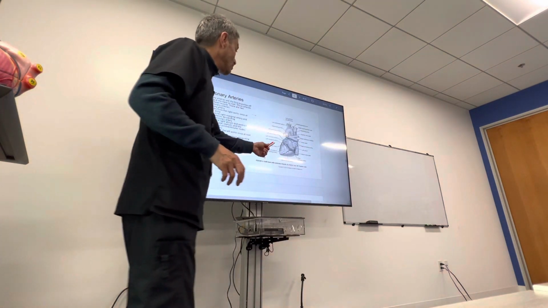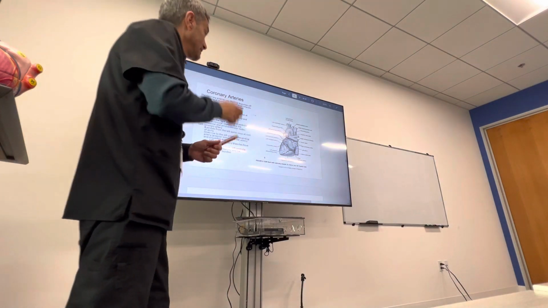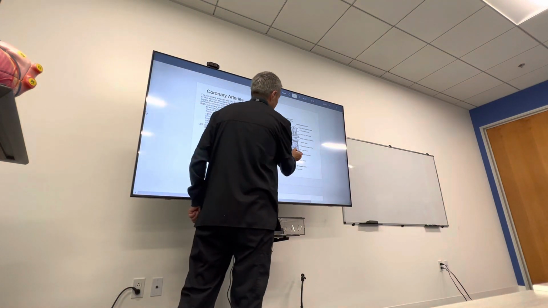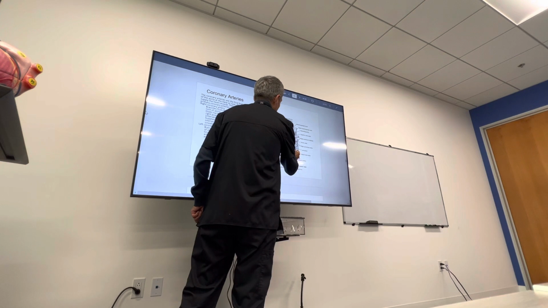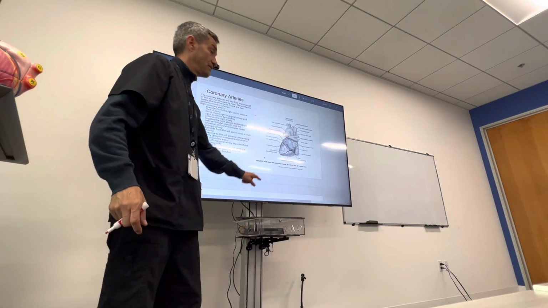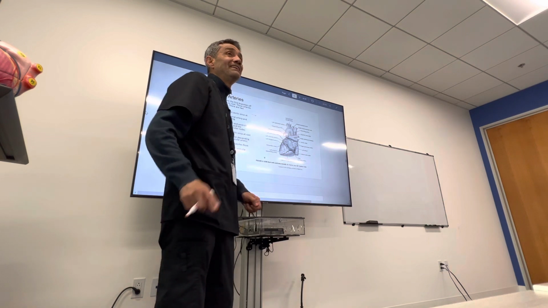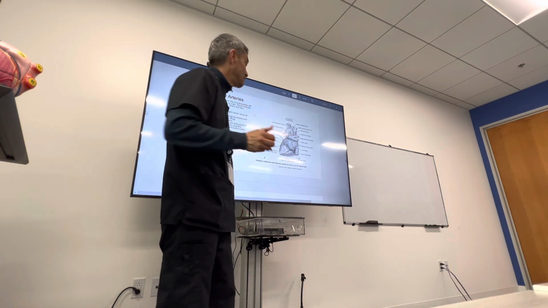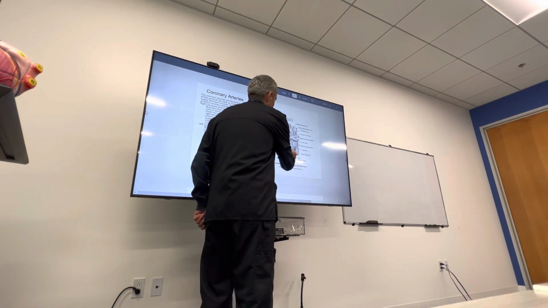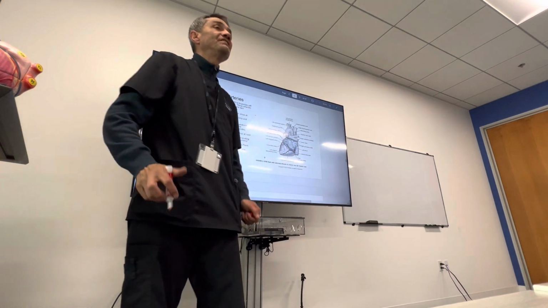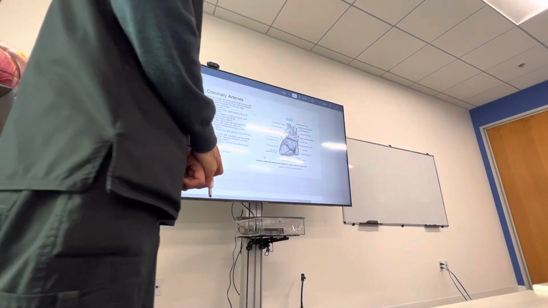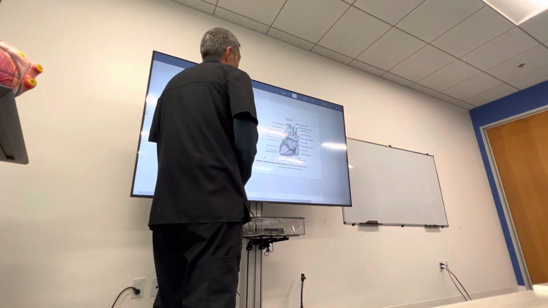So, if you look at this, you are seeing the heart, and this is the right coronary artery. The number one branch of the right coronary artery that supplies mainly your right ventricle is the posterior interventricular artery. Posterior interventricular artery.